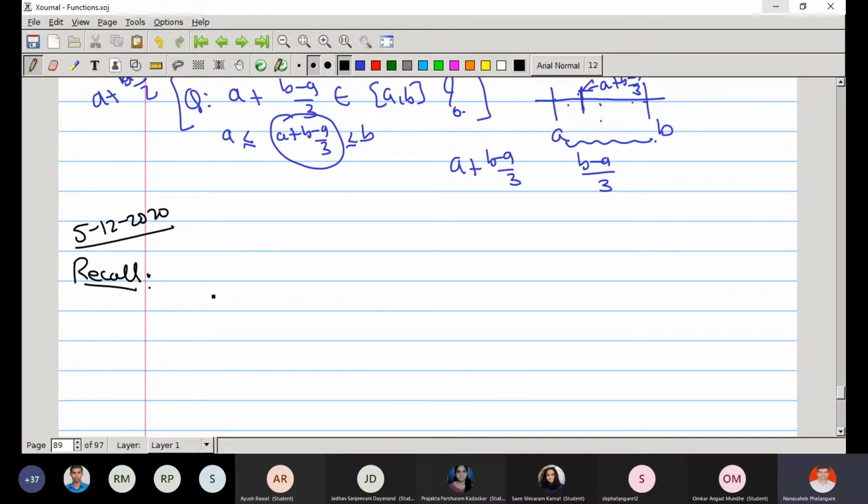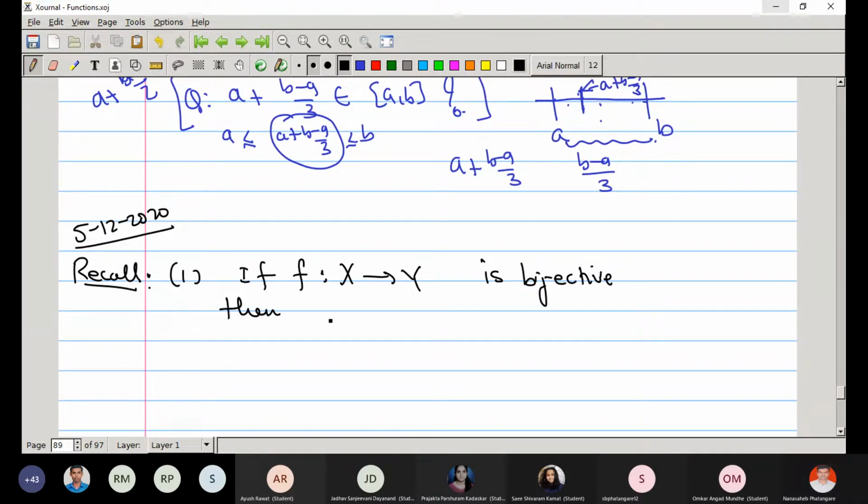Okay, so let us recall what we discussed yesterday. If function f from X to Y is bijective, then what happens?